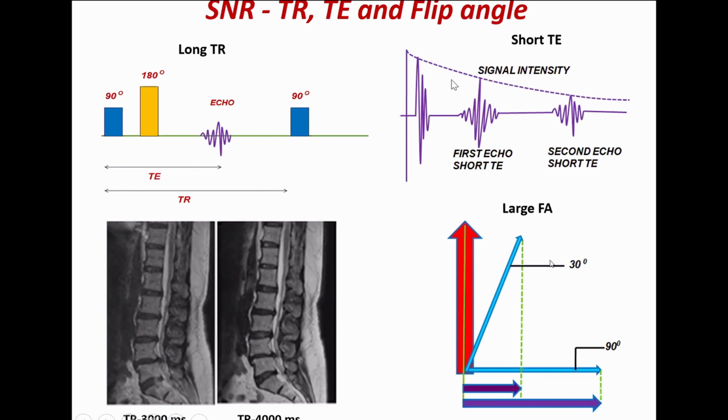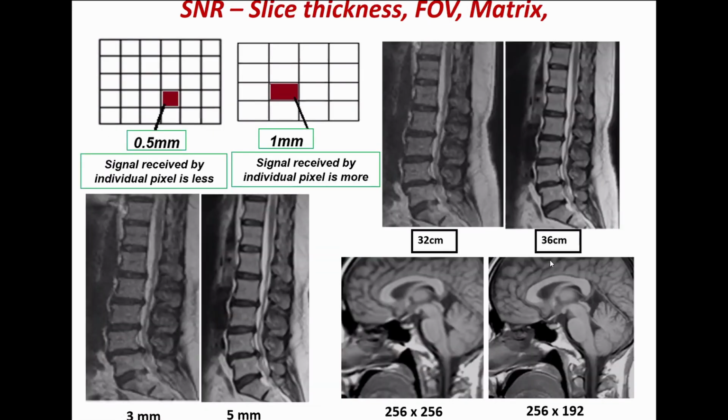Next parameters will be slice thickness, FOV, and your matrix. Just have a look at this image. This is a slice thickness with the voxel size of 0.5 millimeters, and here it is 1 millimeter. When you have 0.5 millimeters, the signal received by the individual pixel is less, whereas here it is more.